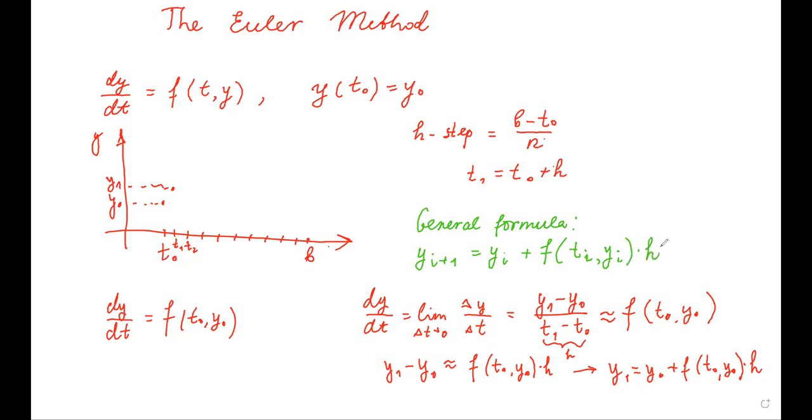And if you have unequal steps, it's supposed to be multiplied by the distance from the previous step to the next step. In our case, it's going to be like t i plus 1 minus t i.